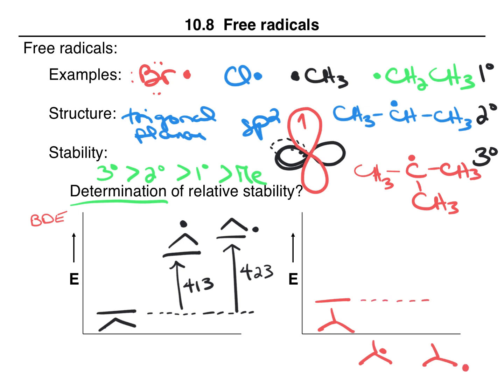So by looking at the bond dissociation energies, here with an energy difference of 400, this is the formation of the tertiary radical, and then with a difference of 422, this is the formation of the primary radical. So this information was determined experimentally about the relative stability.